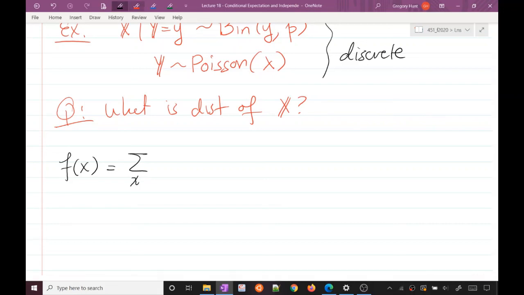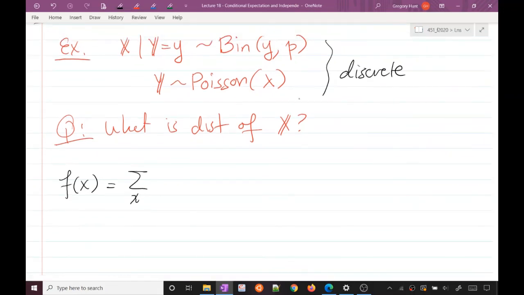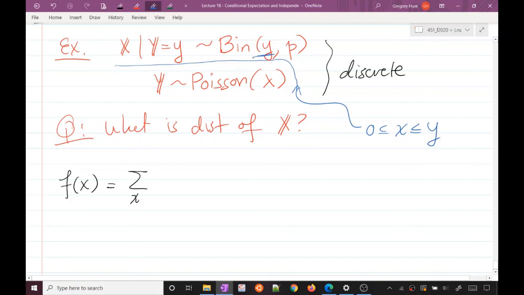And notice here, there's an implicit condition here that x is between 0 and y, right? This binomial random variable says, when I generate a binomial, it can never be bigger than the number of trials. The number of trials is y, so x can be 0 to at most y.